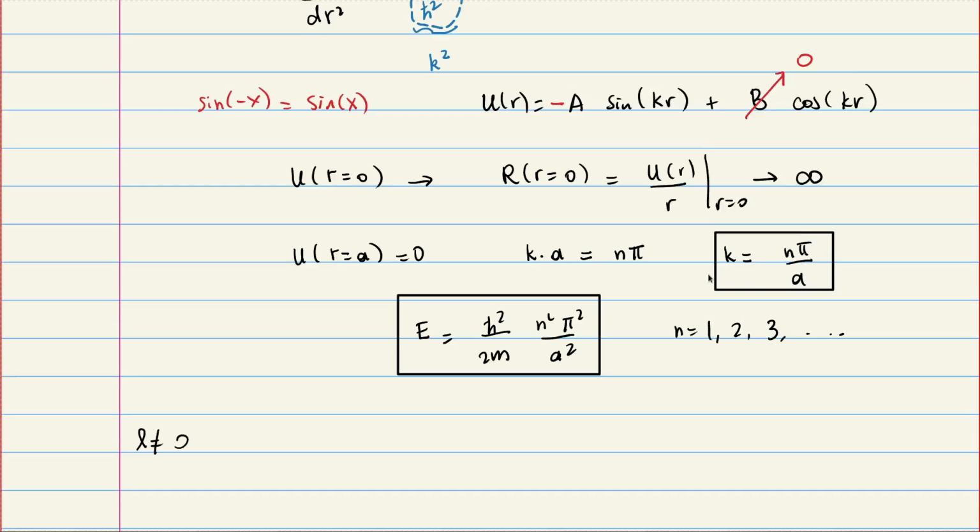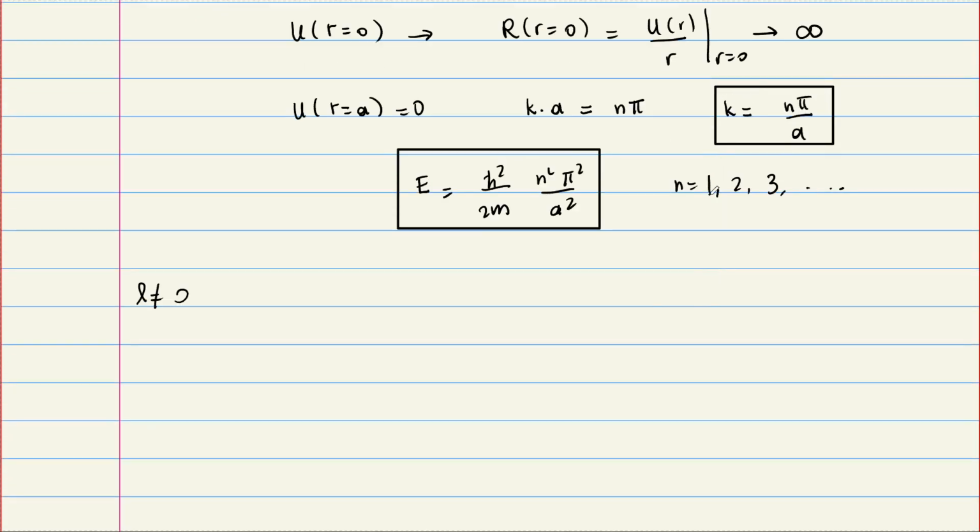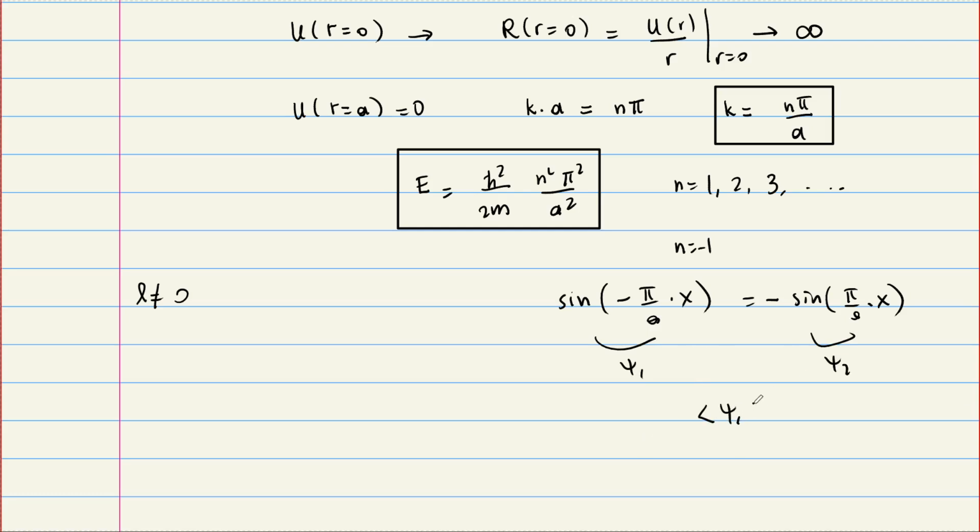We are looking at linearly independent solutions. For example, consider n equal to minus 1. Your solution is sine of minus pi over a times x, which is minus sine of pi over a times x. But we need linearly independent solutions. If this is psi 1 and this is psi 2, we want them to be linearly independent.